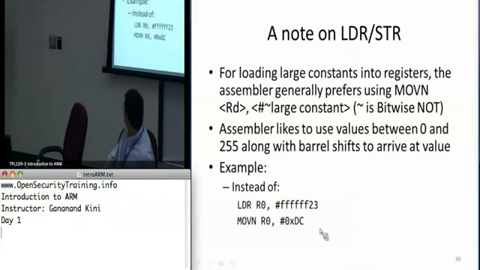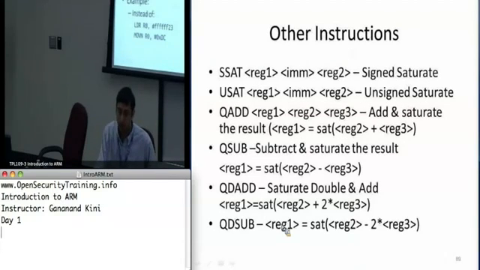Instead of representing this large constant, it will take the 1's complement and use that instead. And so it'll take a move negative of DC and put that into R0. So this is just an interesting optimization that the assembler does.